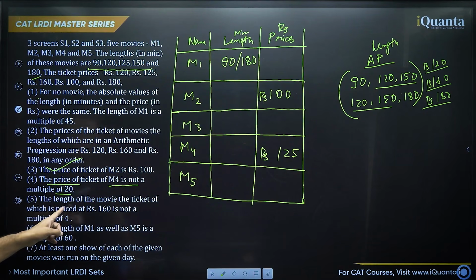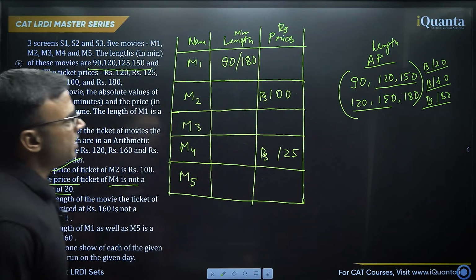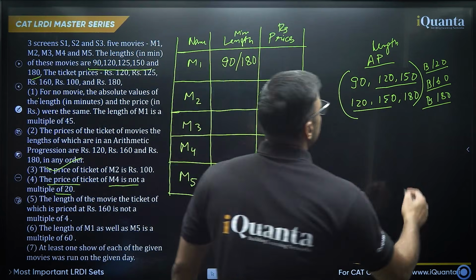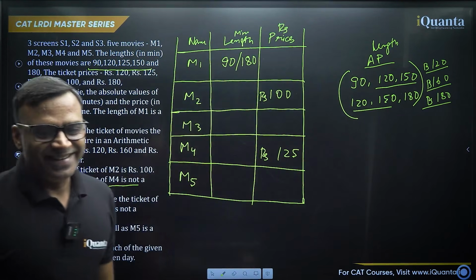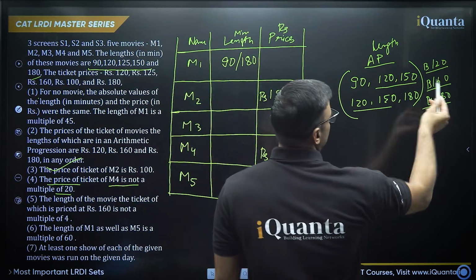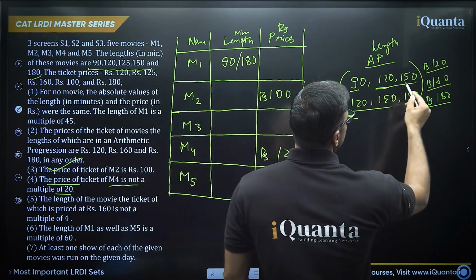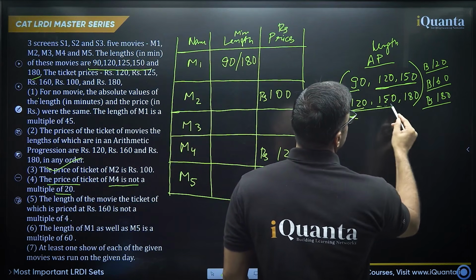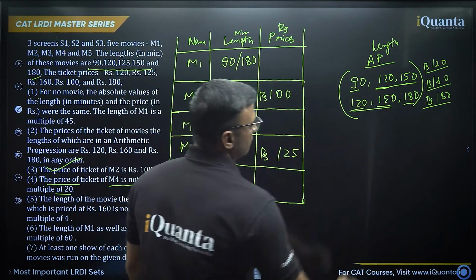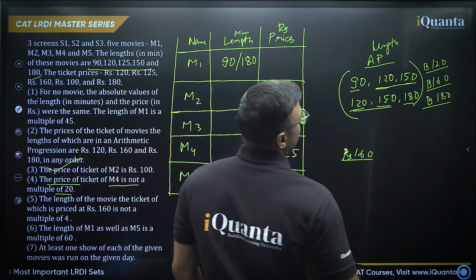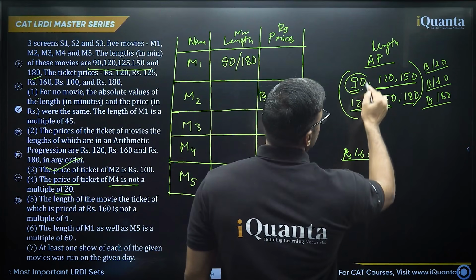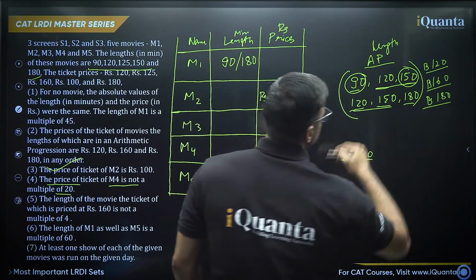The length of the movie, the ticket of which is priced at 160, is not a multiple of 4. So 160 rupees is not a multiple of 4. Oh wow, look at that. 160 has to be the price of one of these 3 or one of these 3. So 160 rupees has to be the price of either 90 or 150.